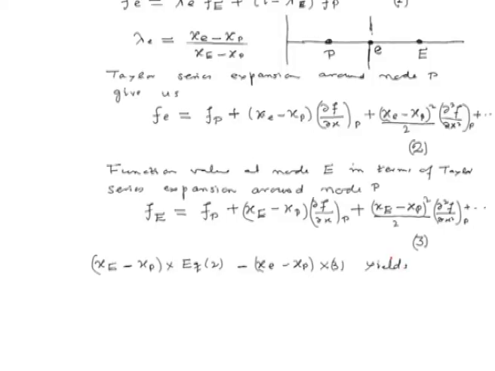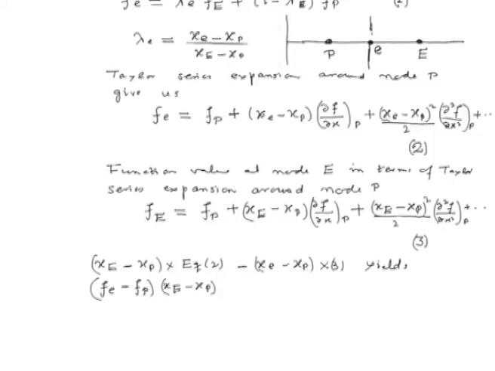This will yield, let us see what we get: f e minus f P times x capital E minus x P.